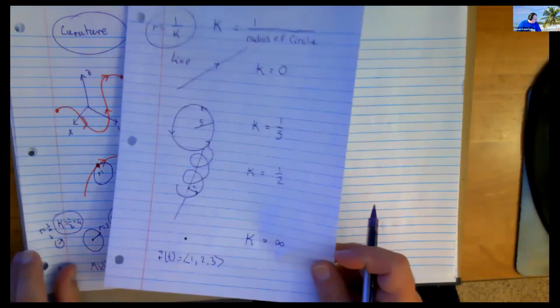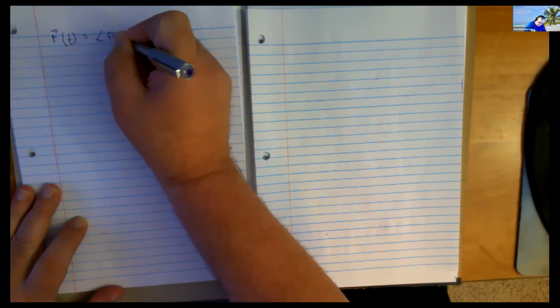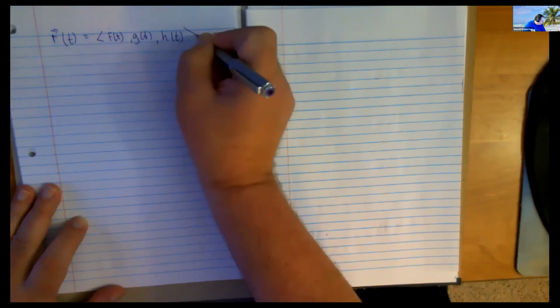So what does the formula look like? Not pretty. So here is one of the two formulas. Suppose we have that function, and I would like to find the curvature at any given value of t.